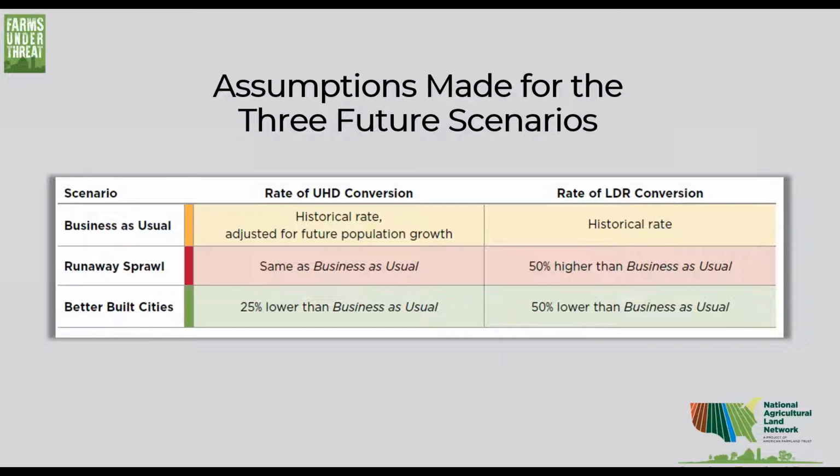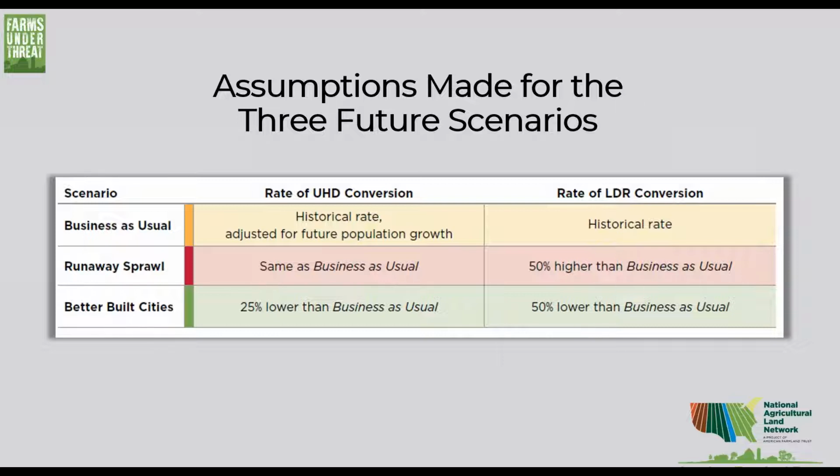For runaway sprawl, we kept the same as business as usual for that urban and high density land, but we assumed a 50% higher rate of conversion through low density residential land use. And that's because that has been the trend of much higher conversion because of that LDR.